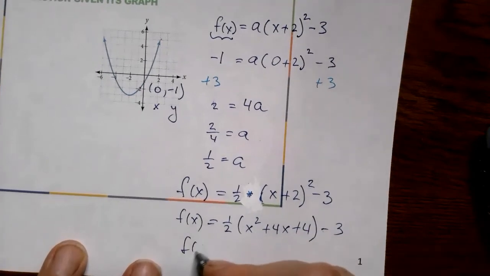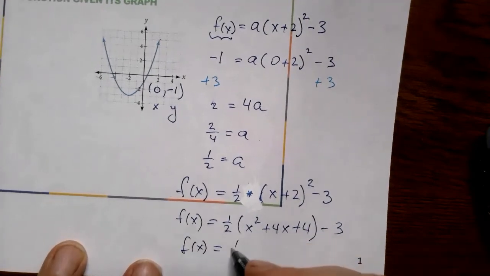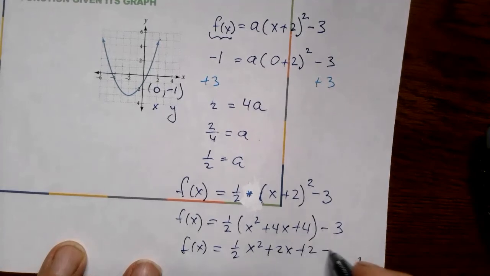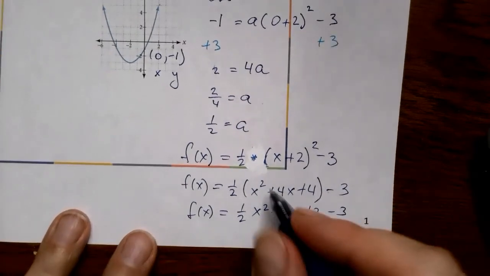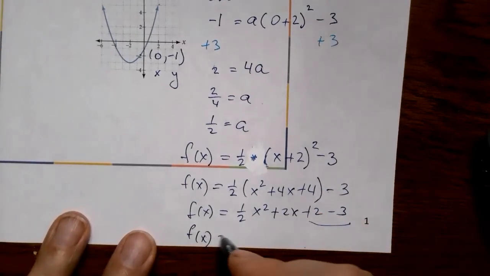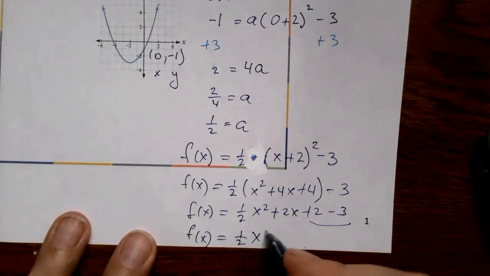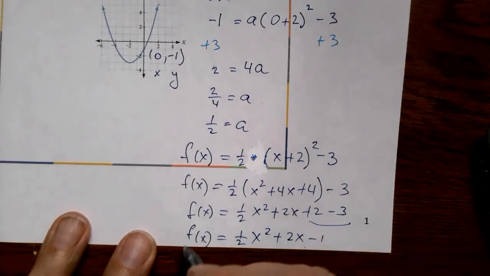Distribute the 1/2: 1/2 x squared plus 2x plus 2 minus 3. And combine 2 and negative 3. And we're done.